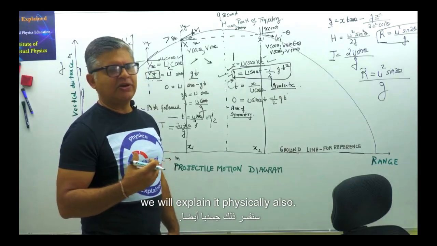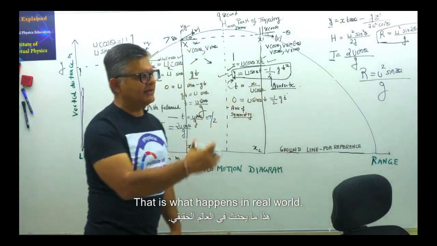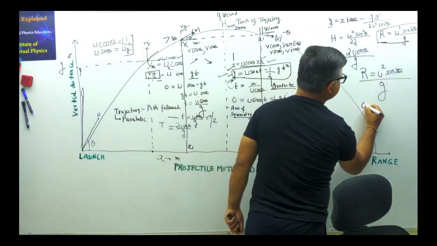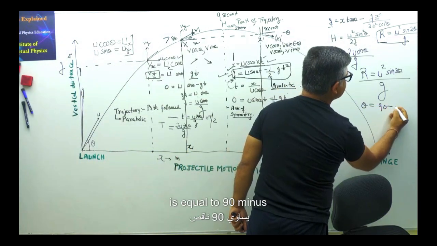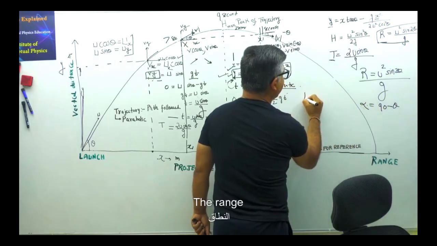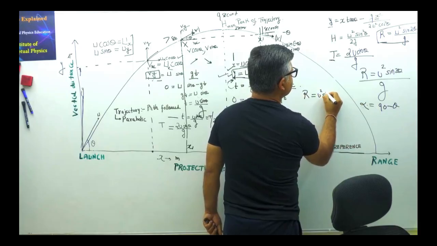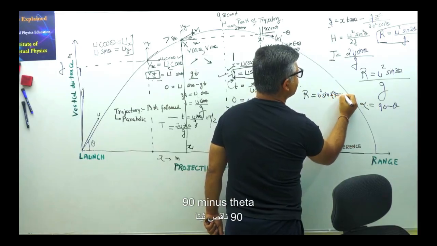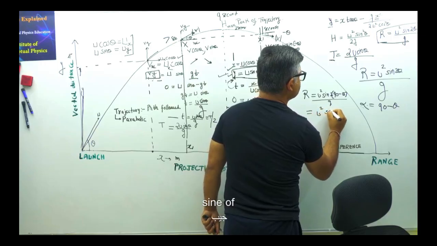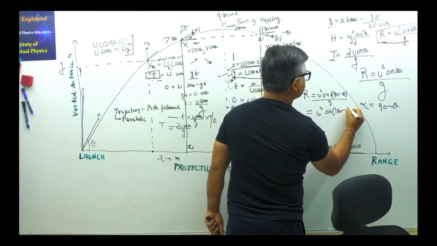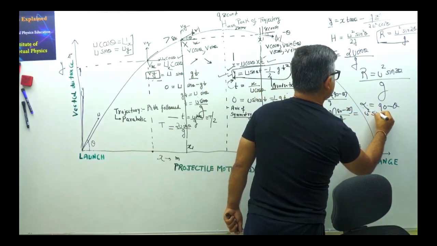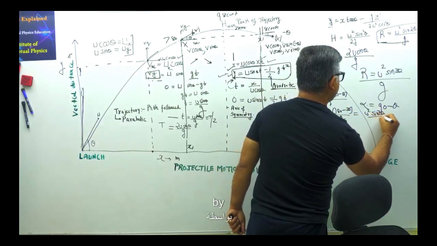But we will explain it physically also, that is what happens in the real world. If I put theta equal to 90 minus theta, which means I put another angle alpha, the range is u square sine of 2(90 minus theta) upon g, which is u square sine of (180 minus 2 theta) by g, which is equal to u square sine 2 theta by g.